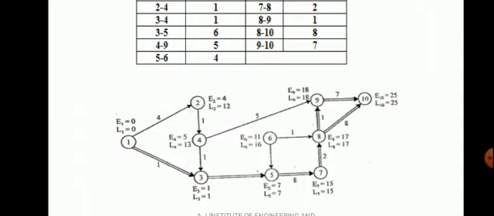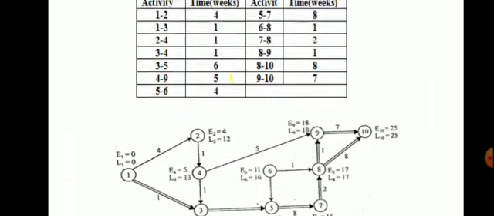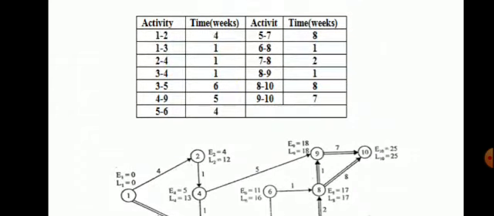But one more event is the sixth event, 6 to 8, and 5 to 6 it is 4, 7 plus 4 is 11, 11 plus 1 is equal to 12, 6 to 8 it is 1.